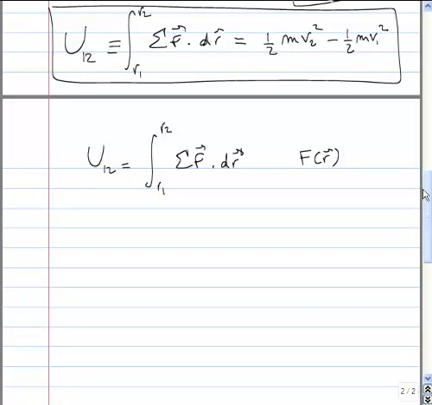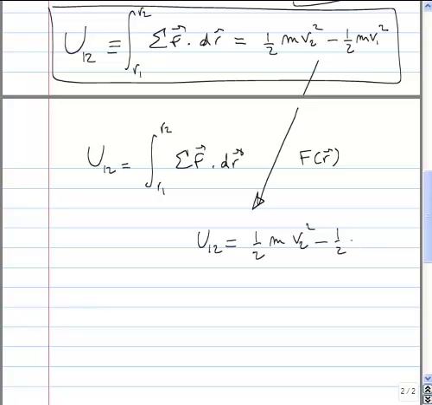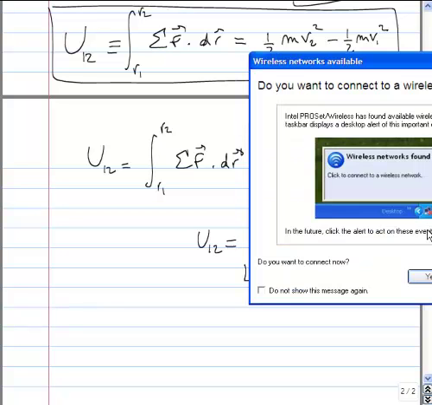But if you don't know anything about the force and you actually don't know the path, it's okay. You can use that definition. And this allows you to calculate the work by just evaluating the difference between the squares of the velocities, which is totally independent of the path.